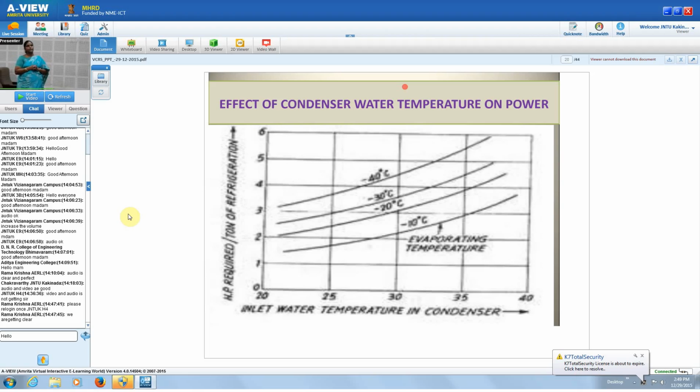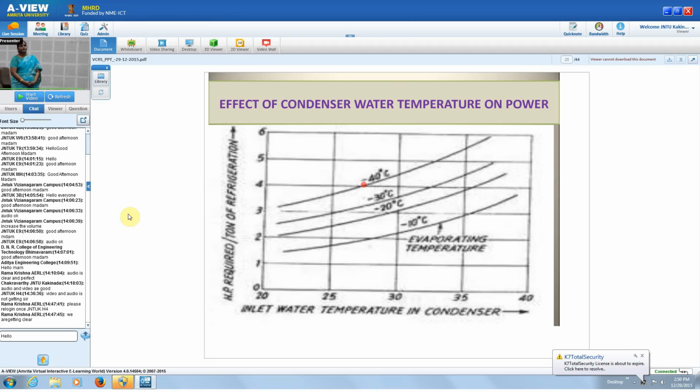And this is the diagram showing the effect of condenser water temperature on the power. So here minus 10, minus 20, minus 30, these are the evaporator temperatures required. So this is the diagram of the inlet water temperature in the condenser versus the power, or the work input per ton of refrigeration.